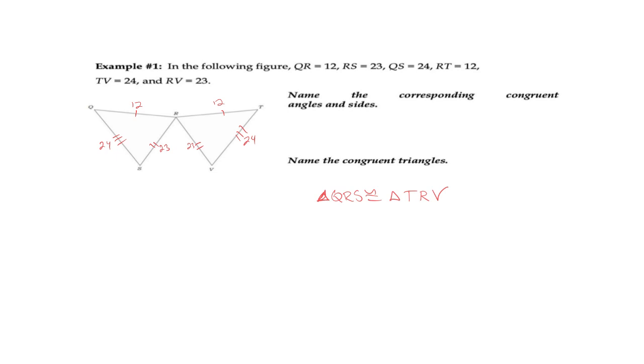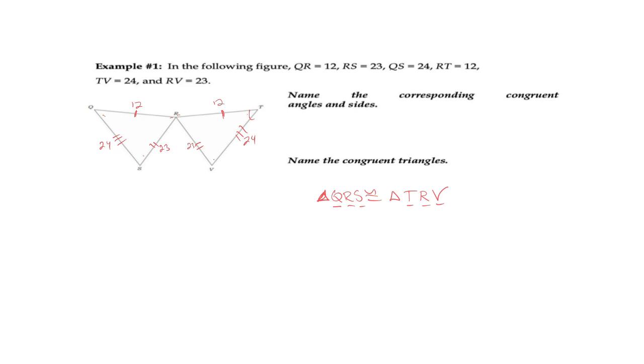Right, and you can read them by the 1- first goes, then the 2-, so TRV, QRS. All right, so those are congruent. Now we can also label each angle congruent too, right? Because we know they're congruent, that means the corresponding congruent angles and sides, right?